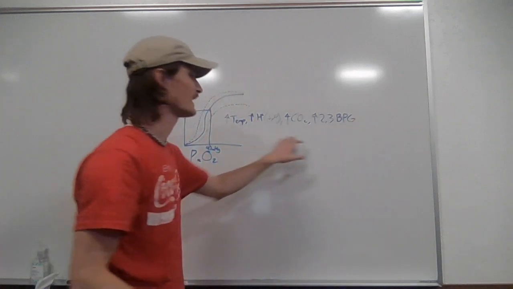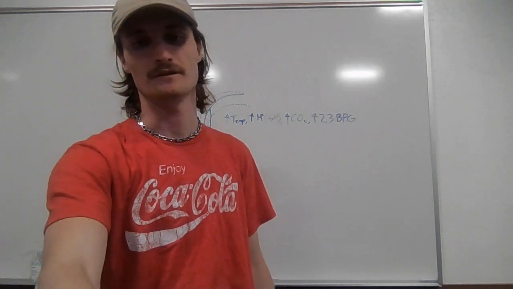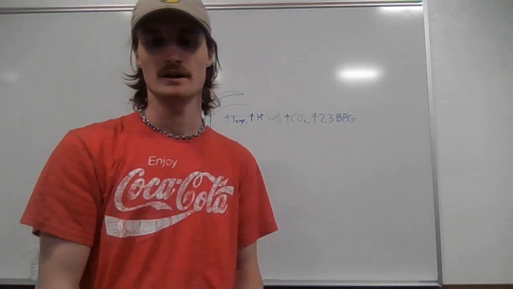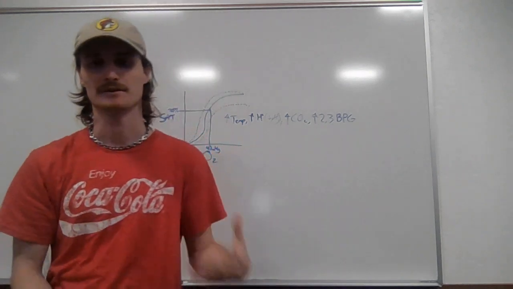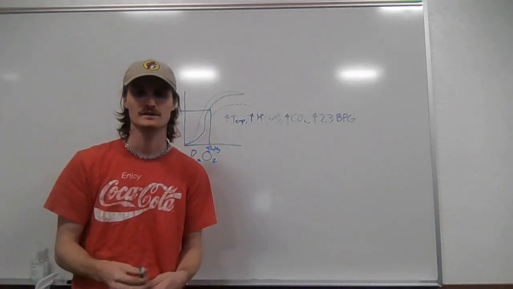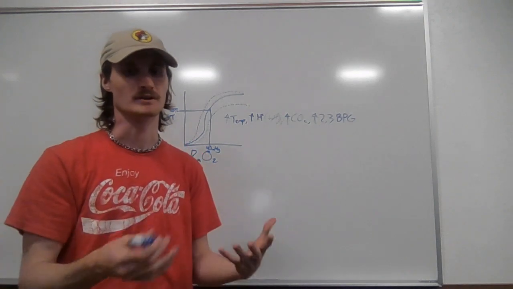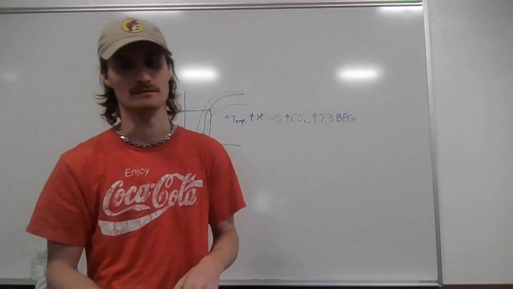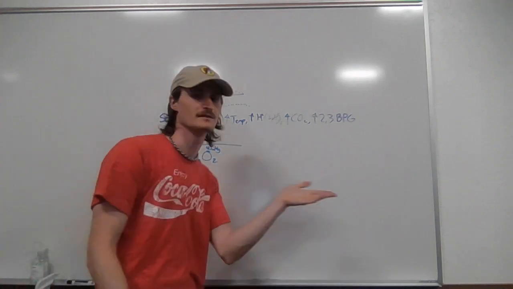So these are all factors that are going to shift the curve over to the right. So these shifts basically say the oxygen is going to be more readily released to active tissues when they need it, while still allowing oxygen to come to the lungs when they need to be. For the left shift, it's going to be sort of the same thing, just everything decreased.